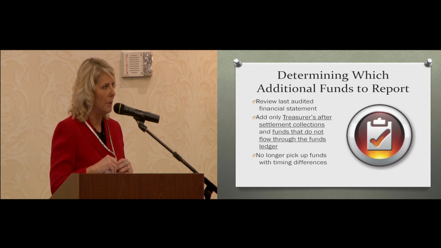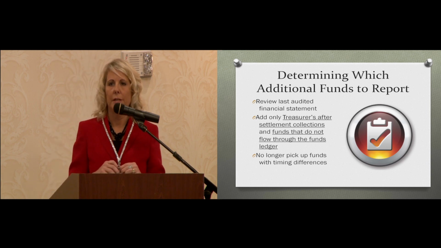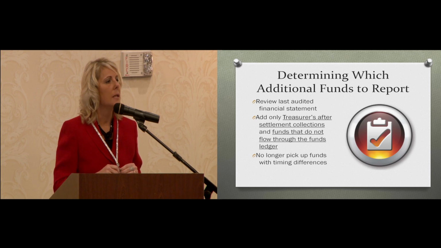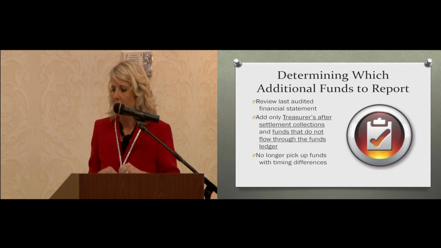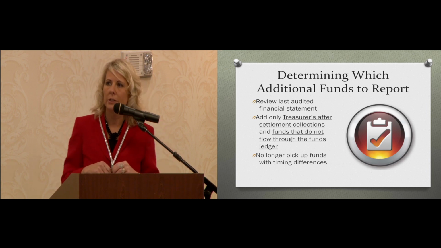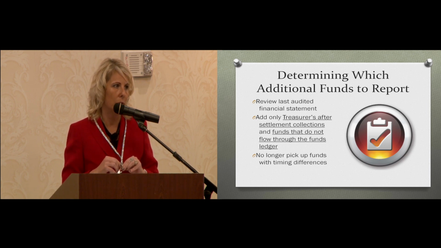you will need a supplemental annual financial report form, or an AFR, for the treasurer's after settlement collections. Some of your reports may call that the treasurer's trust, but that is for the collections made after settlement that are on the treasurer's cash book but are not quitted into the funds ledger.